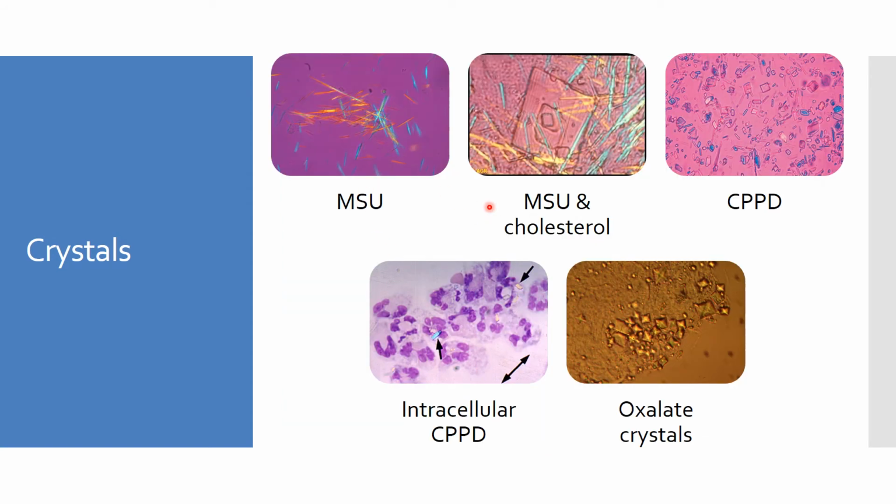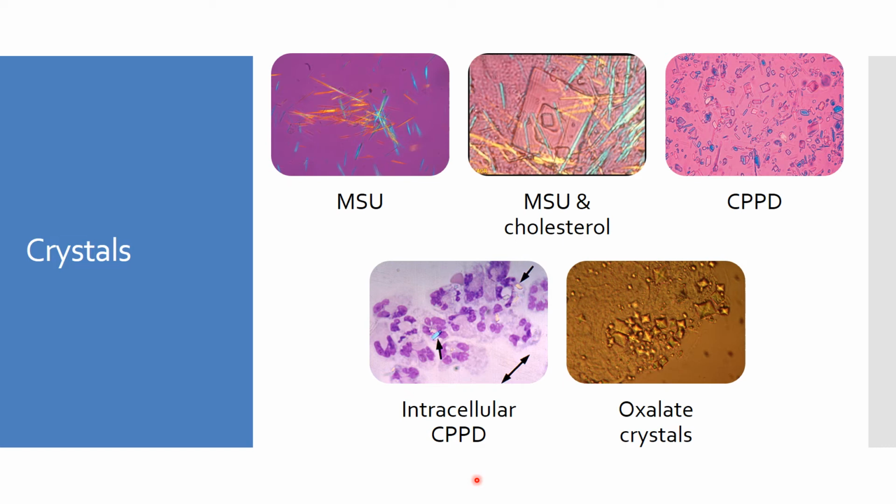If we look at these three pictures here, you can see that we're looking at polarized light microscopy. What happens with polarized light microscopy is you have a refractive index that is built up when light traveling through the specimen travels at different speeds. When they're traveling at different speeds, they're refracted in either a positive or negative manner, based on whether it's parallel or perpendicular to a particular plane.